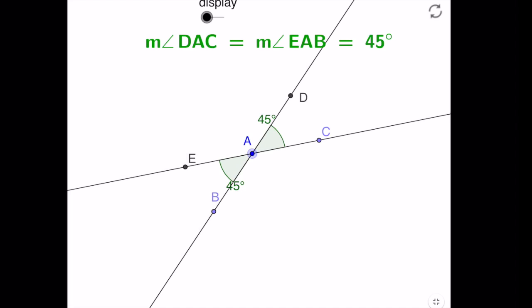So what's that going to be? 135, because 180 minus 45 is 135. Then we ask ourselves, what about angle CAB? It's the same thing, isn't it? We can test that out 2 ways. One, we can look at the supplementary angle to EAB, and that would be 135 also.